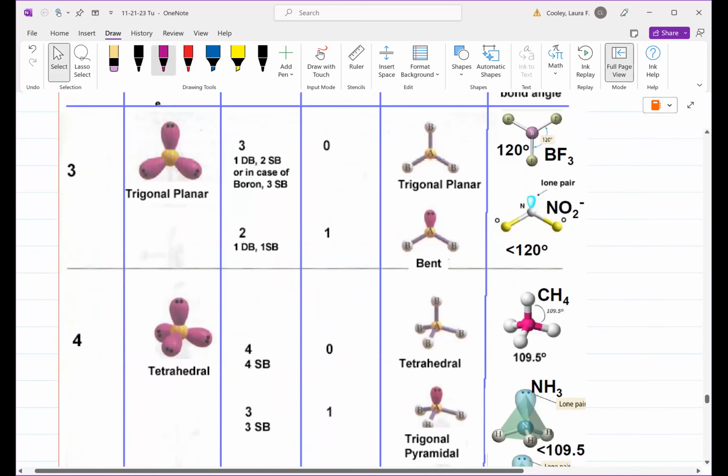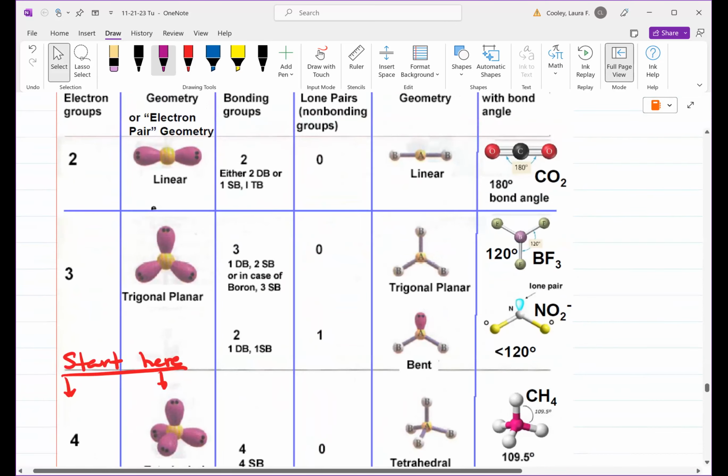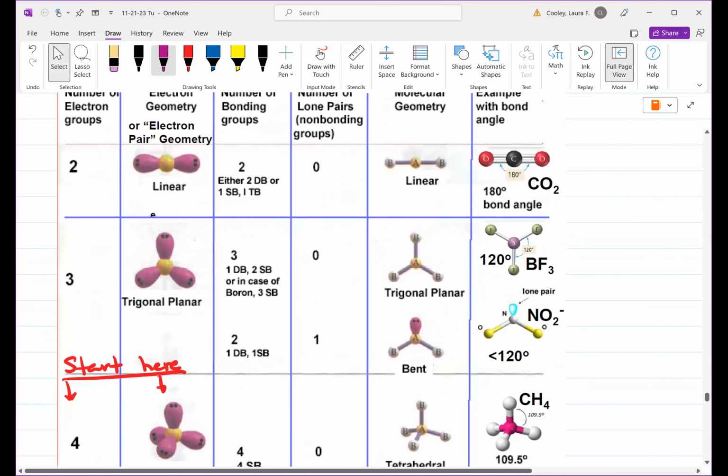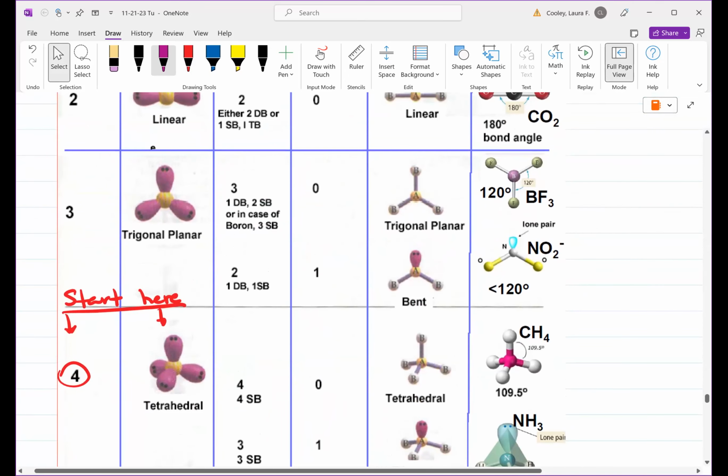But we start here. We start with 4 groups. We sort of do the hardest one first. So the 4 is for the number of electron groups. That's the number of groups of electrons on the central atom. That's this 4 here, and that's when you have like a 4 balloon example or analogy.